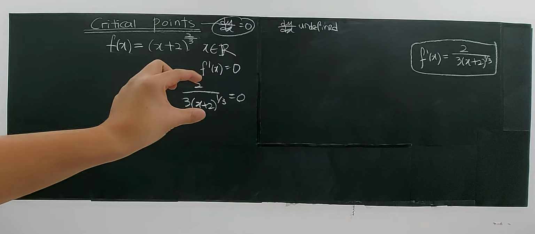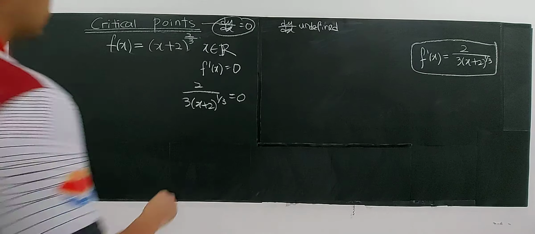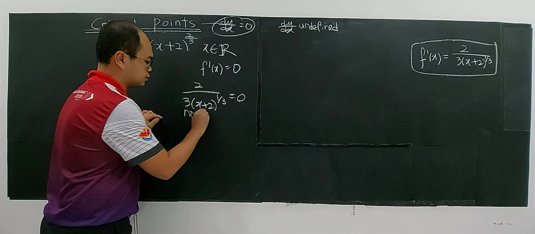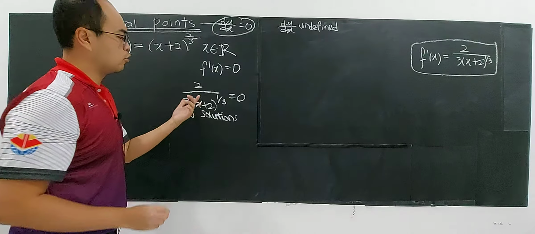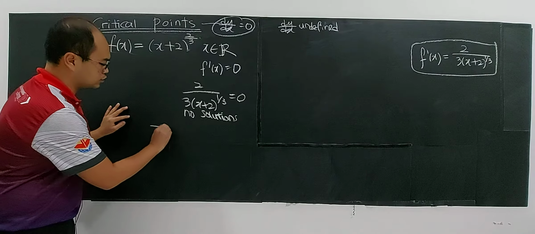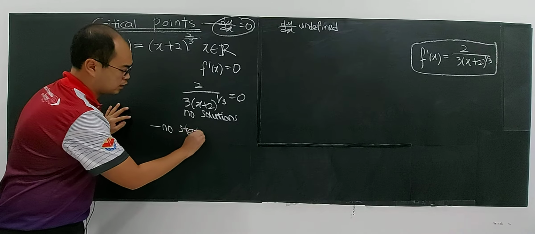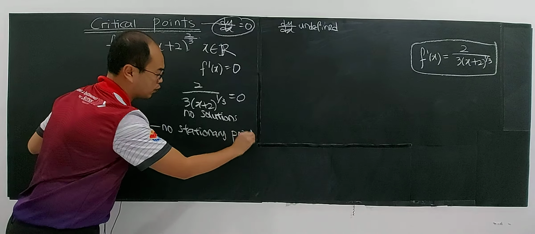So there is no value of x such that f prime x is 0, which means there is no solution. For this case, we have no stationary points. Why?